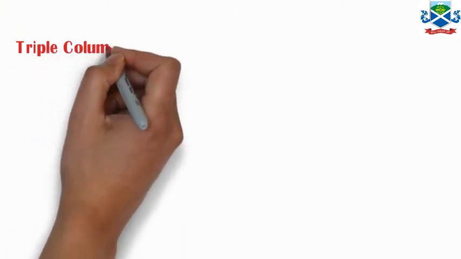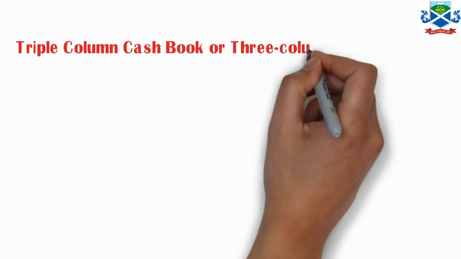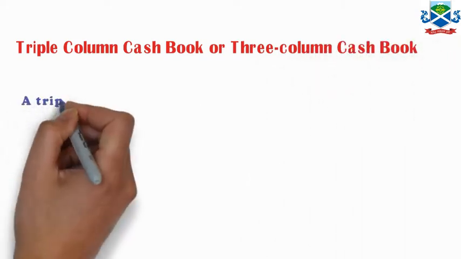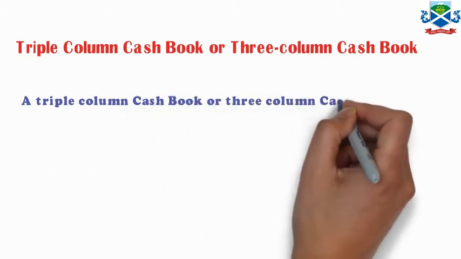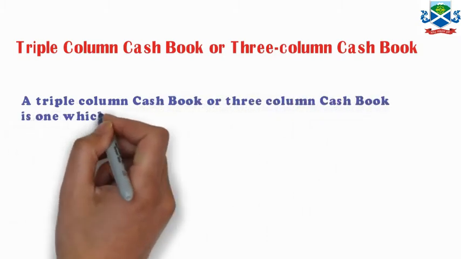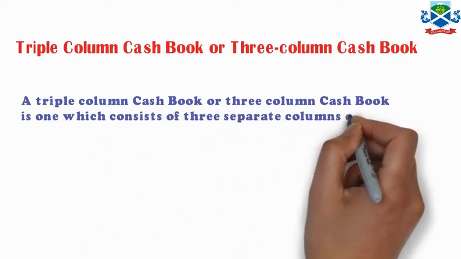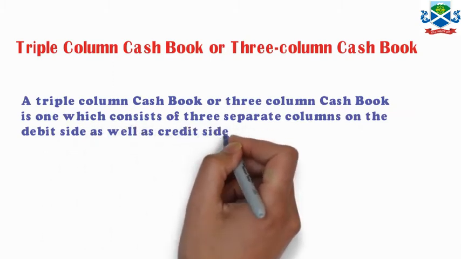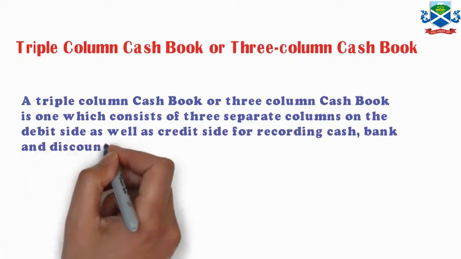Now we'll go for the triple column cash book, or three column cash book. So what is this triple column cash book? A triple column cash book, or the three column cash book, is one which consists of three separate columns on the debit side as well as on the credit side for recording cash, bank and discount.